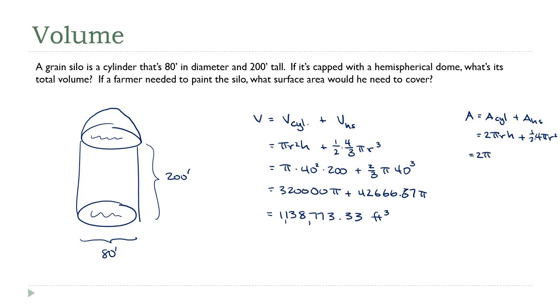This is 2 pi times 40 times 200, plus 1/2 times 4, that's 2, times pi times 40 squared. And if we do some arithmetic here, this is 16,000 pi plus 3,200 pi. Again, this is the point where I get out my calculator. This is about 60,288 square feet.